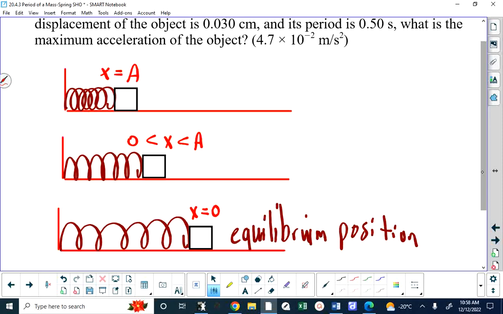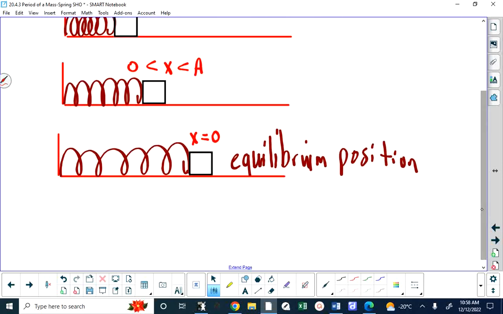If this is the equilibrium position, then right here, and I know it seems like I've gone way off the path here, but bear with me. If this is the equilibrium position, then Fs, which is Kx, Fs here is 0, because x is 0.